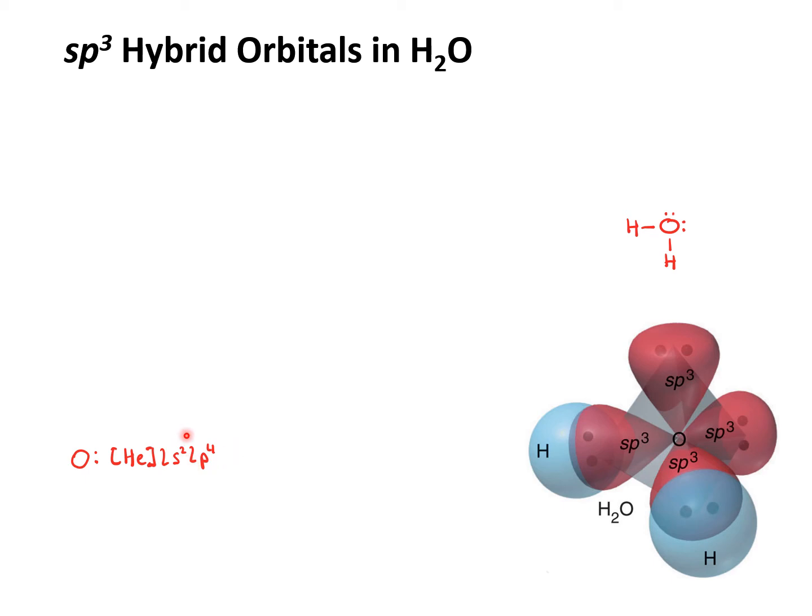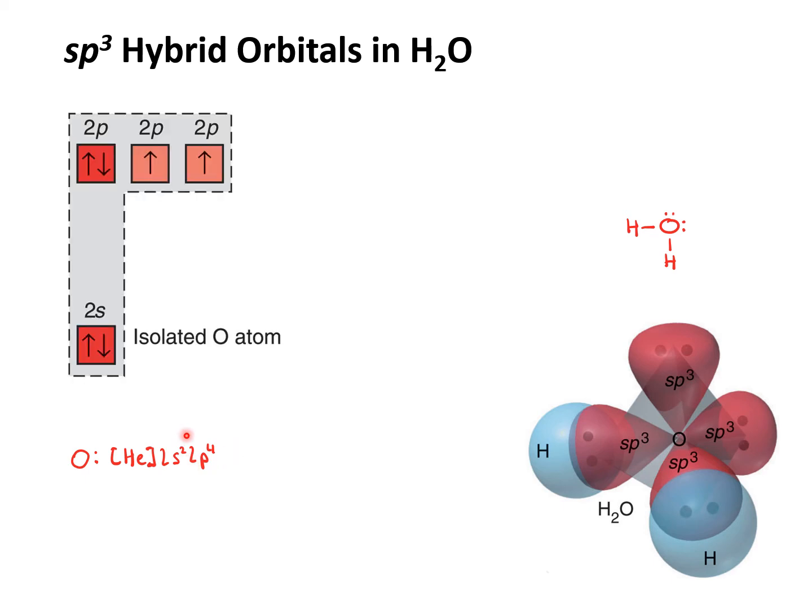And looking at those valence electrons in greater detail in the atomic orbital diagram, we see that 2 of the electrons are located in the 2s atomic orbital, and the remaining 4 valence electrons are located in the 2p atomic orbitals. And the next step is to create our hybridized orbitals, and we'll do that by combining the 2s atomic orbital and all 3 of the 2p atomic orbitals.